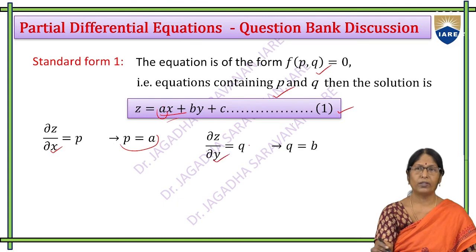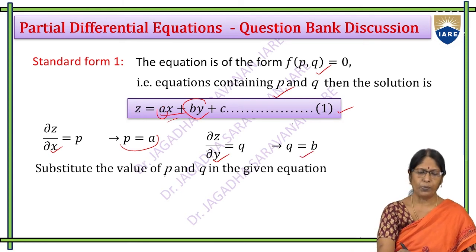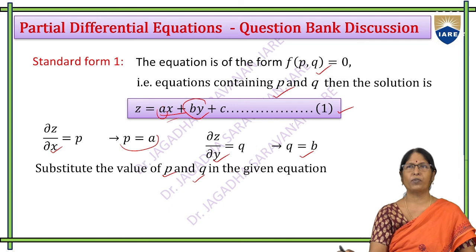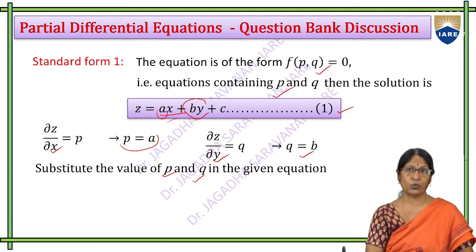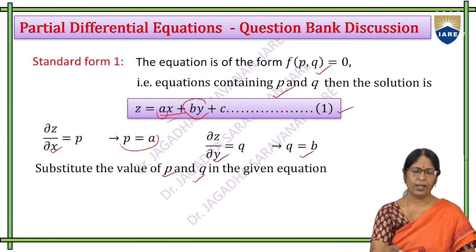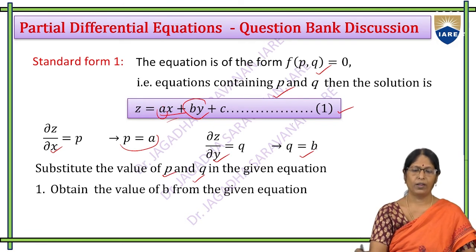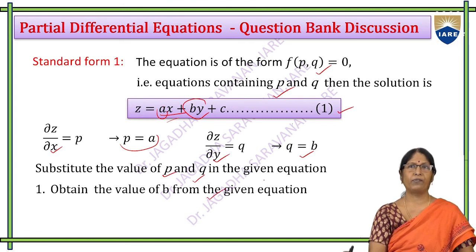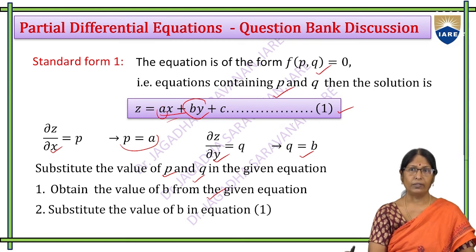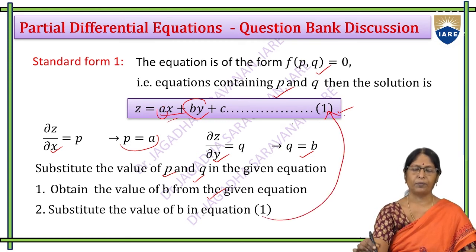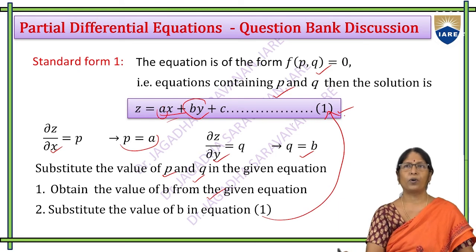Dou z by dou y is q, and q equals b. Whatever question we are asked to solve, the values of p and q will be replaced: in p's place we put a, in q's place we put b. After substituting, we will obtain the value of b, and that value we put here. So this is the step of the formulation of standard form 1.